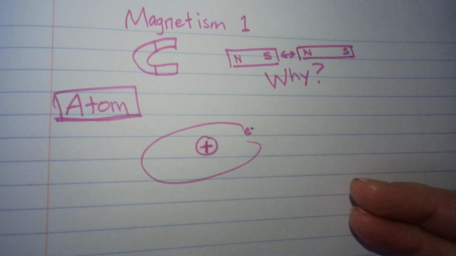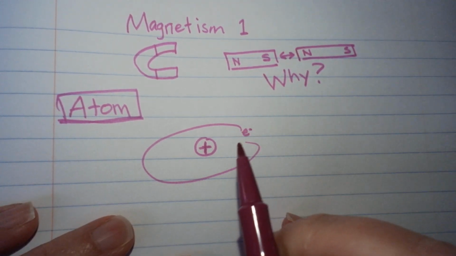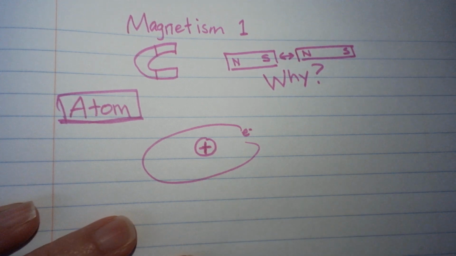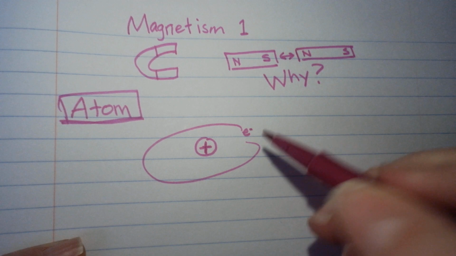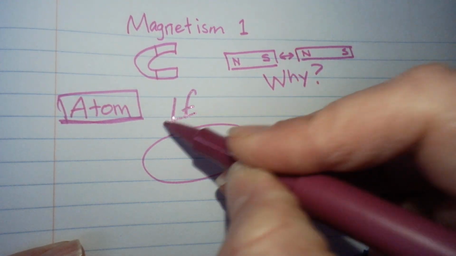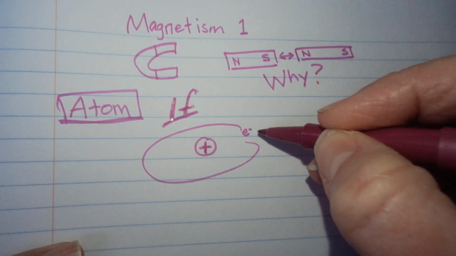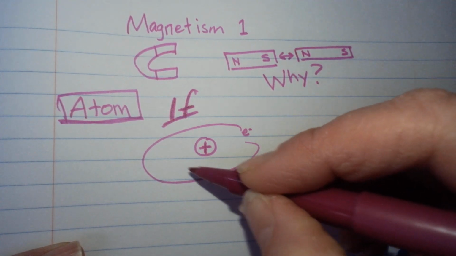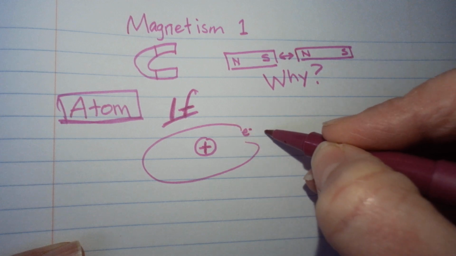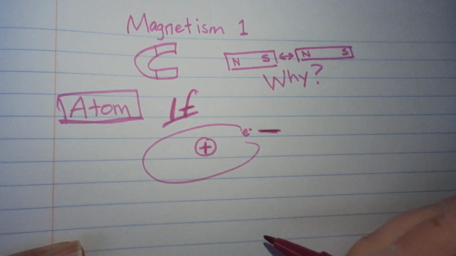Okay? Now, if this were the actual atom I was talking about, this is an if scenario. If I have a negative electron over here, and there's only one electron, then there would be a negative charge on this side of the atom, right?